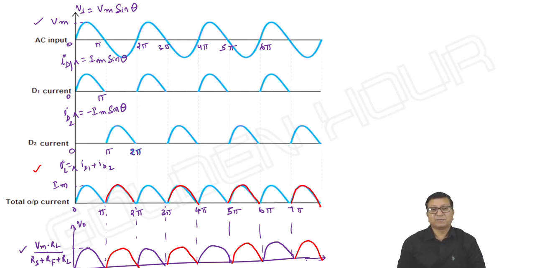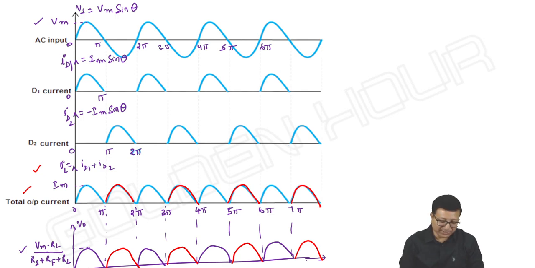Then we need to find its average value, RMS value, and RMS value of the unwanted AC component, that is the ripple component, and from that the ripple factor, percentage regulation, efficiency, transformer utilization factor, peak inverse voltage, ripple frequency, all these things. And here one thing we can do, as I already discussed, is how to find its average value.